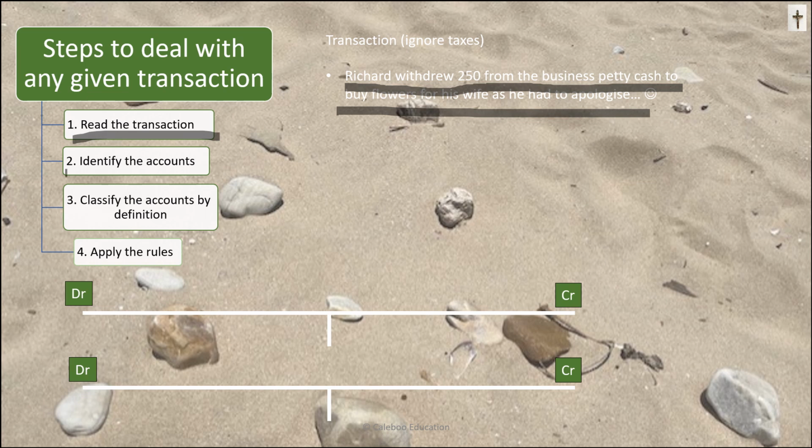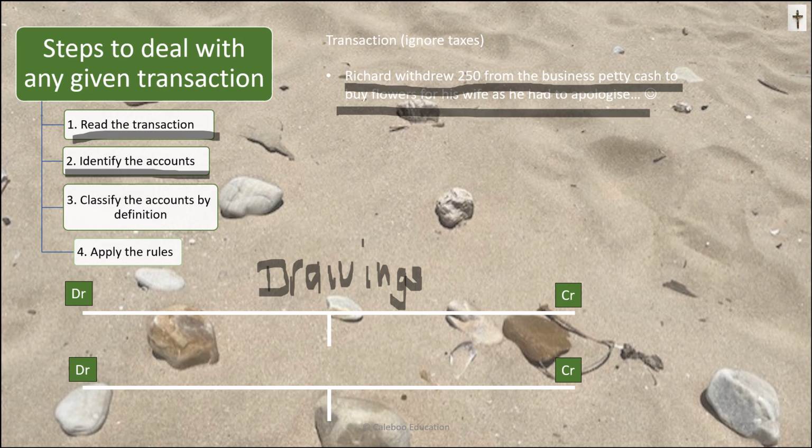We need to identify the accounts involved. Now, if the owner takes anything from the business, the one account will be drawings. If the owner takes cash or stock from the business for his or her personal use, the one account will be drawings.